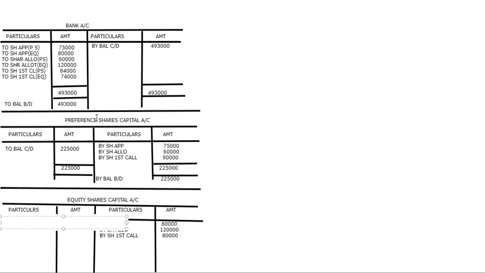So we are going to write here to balance carried down is 2,80,000. Now I'm going to total it.